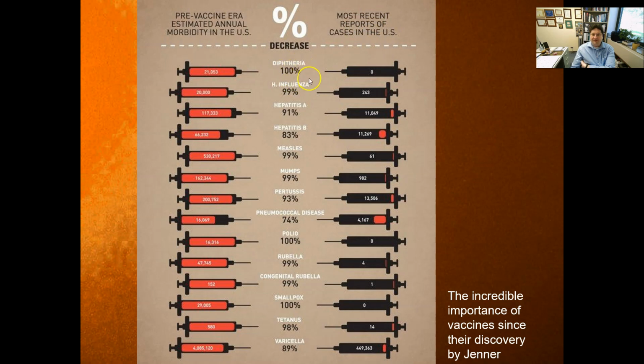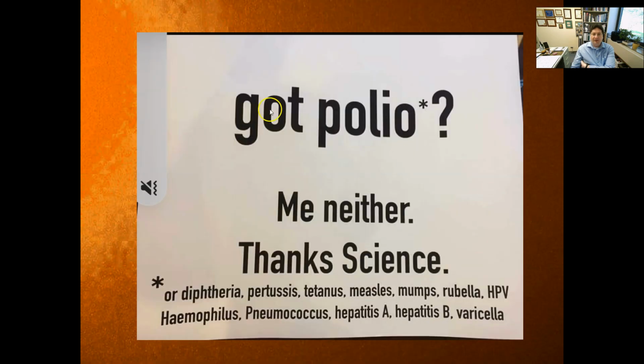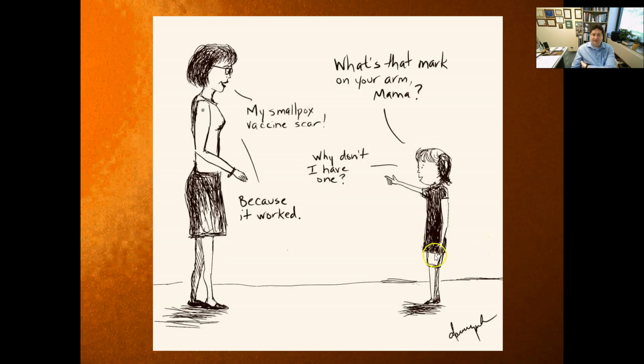So a 100% decline in diphtheria, a 99% decrease, and you can see all these here. Absolutely incredible tool for combating infection. Like this says here, got polio, and then there's the asterisk. All these other things mean neither, thanks science. This child says, what's that mark on your arm, Mama? My smallpox vaccine scar. Why don't I have one? Because it worked. All right.